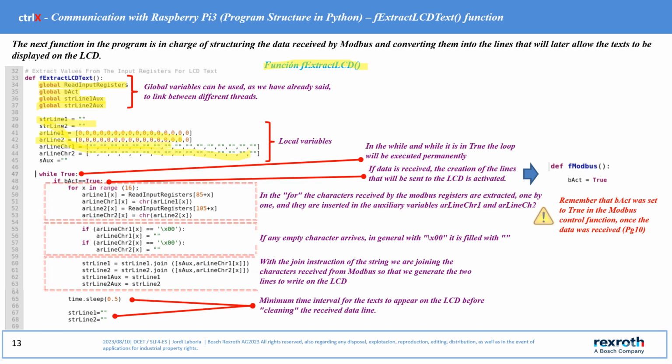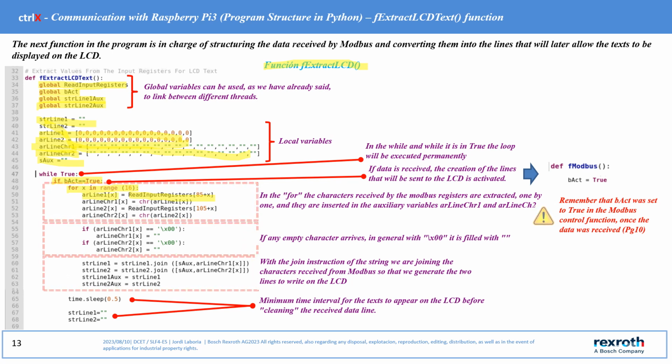The routine itself is only activated if the bit that tells us that we have received data from the Modbus has been activated before. The for instruction allows us to extract one by one the arrived characters and place them in the auxiliary variables.